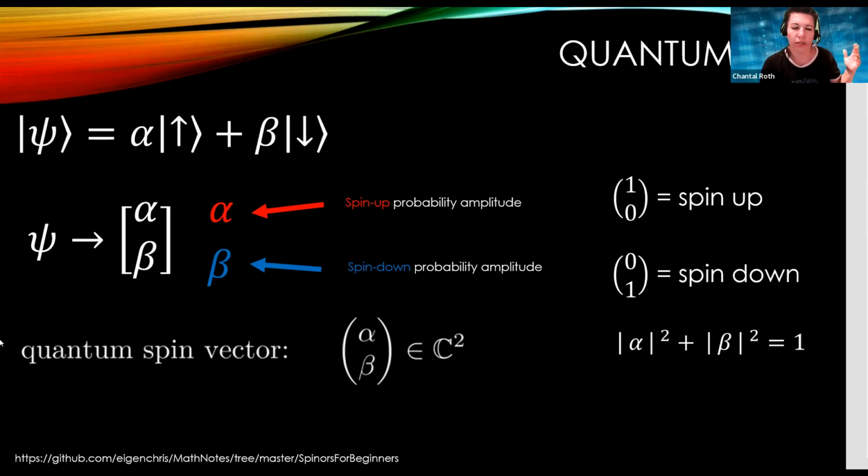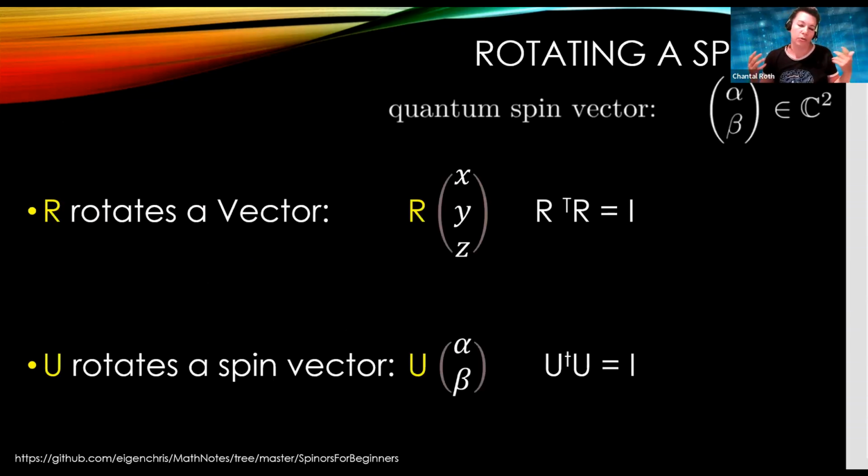Okay, so now I'm trying to make the connection to the quaternion, so I'll get there in a minute. What happens when we do rotation? When we rotate a regular vector, we use a rotation matrix like R, for instance. So how do we rotate a spin vector? Now, we call it U, and there are certain conditions that have to be met.